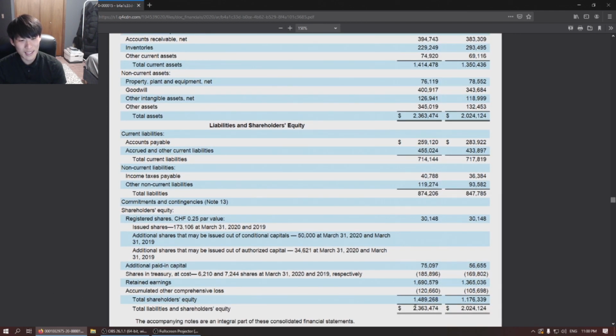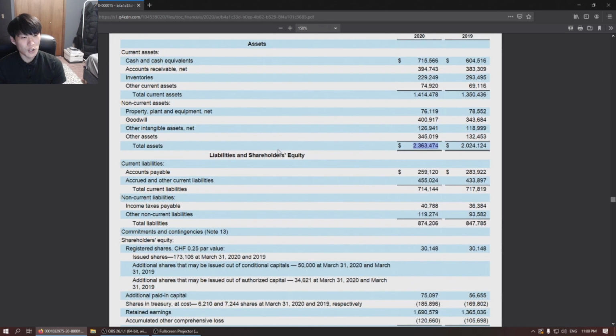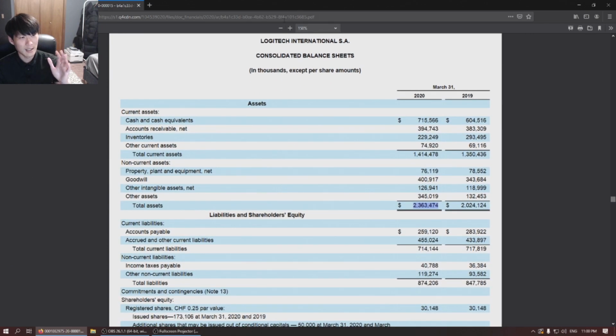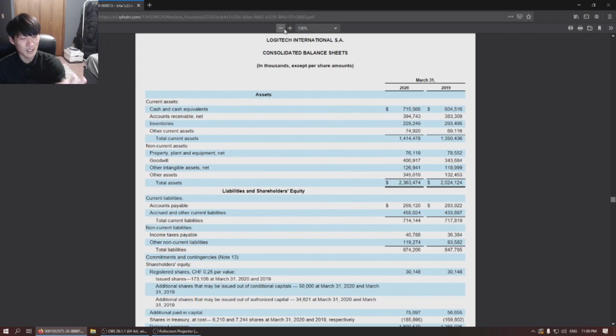Okay. So this number right here, total liabilities and shareholders' equity, should match total assets up here. That is why it's called a balance sheet, because everything has to balance. Okay. So that is how you read this consolidated balance sheet.